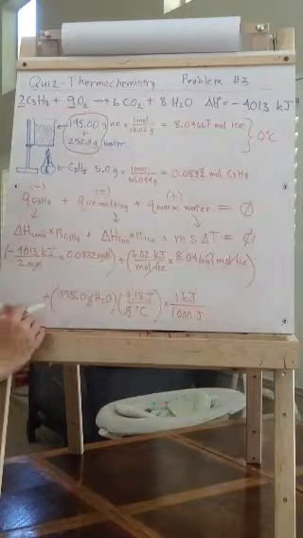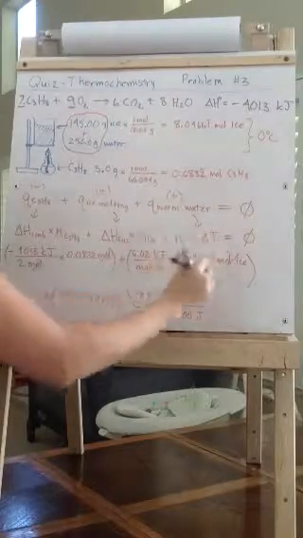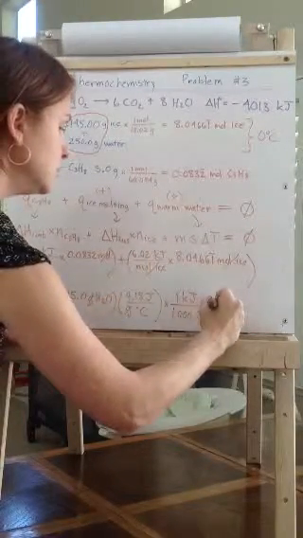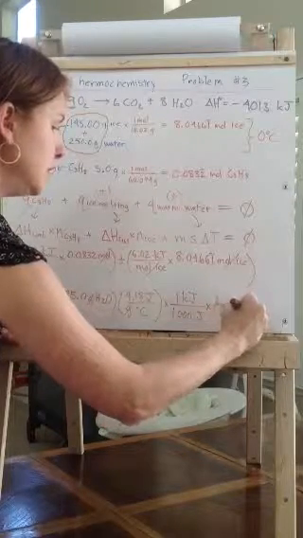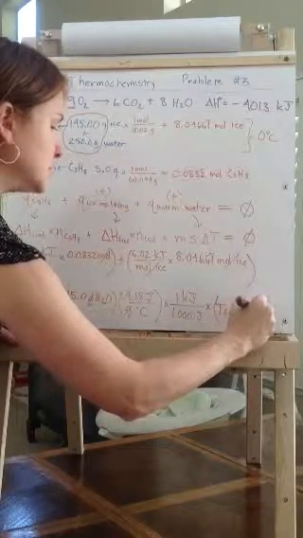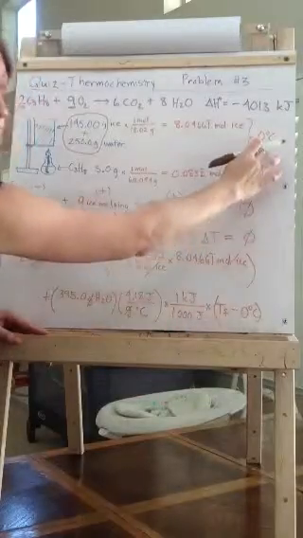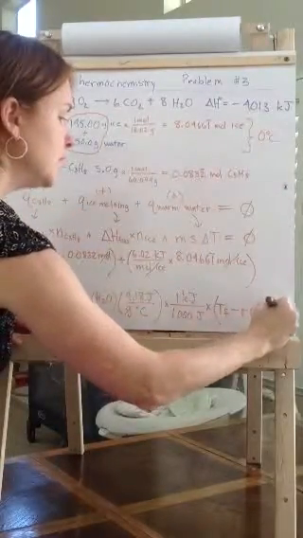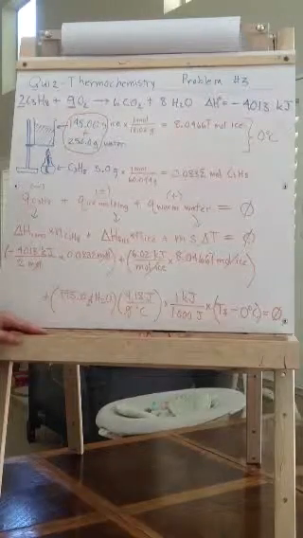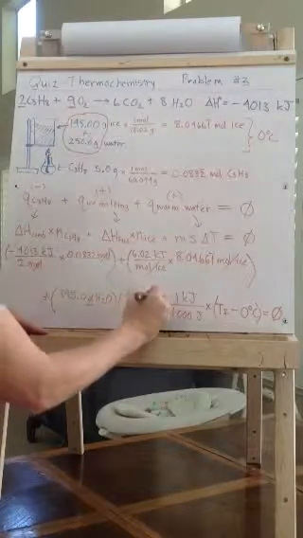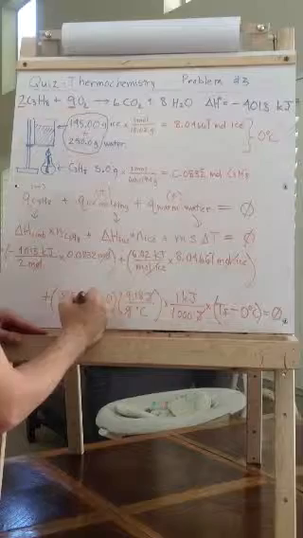And then my final term in this expression was a delta T. T final minus T initial. Well, the T final is what I'm solving for in this problem, but my initial temperature of water was 0 degrees Celsius. That's what I was told in the original problem. So that all has to add up to 0. Joules cancel out.